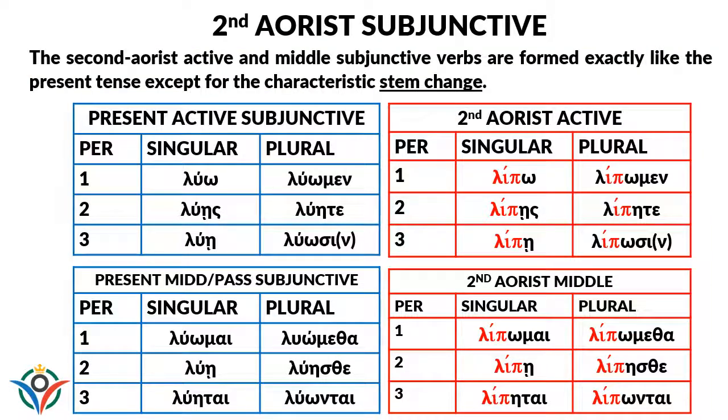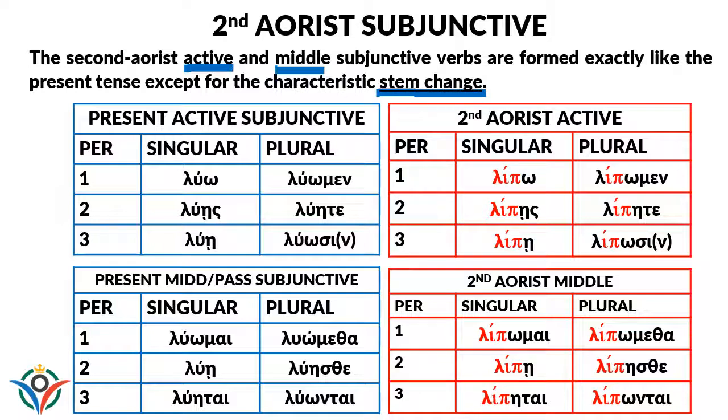So now that we've done the first aorist subjunctive forms, we also need to do the second aorist subjunctive forms. And rest assured, they are not that difficult. So the first comment here is that the second aorist active and middle subjunctive verbs are formed exactly like the present tense, except for the characteristic stem change.